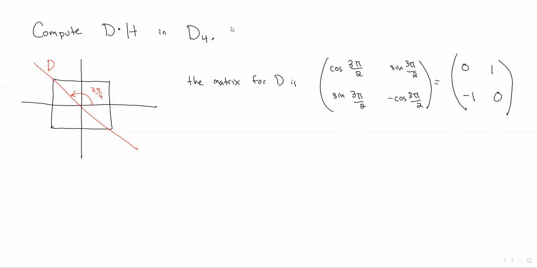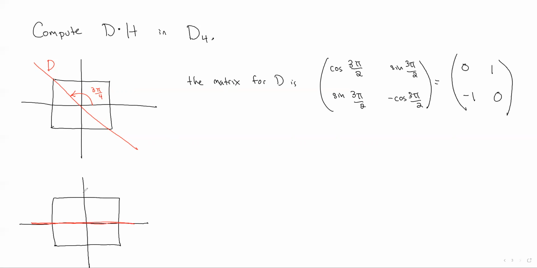And you could have found this directly by just thinking about it, the map is simple enough that you can compute this matrix directly without even using the formula, but in general, it's easiest to just stick to one method. Just always use the formula, because, like you'll see, we have another example in D5, you can't compute it as easily directly. And now for H, again, the matrix can be computed directly.